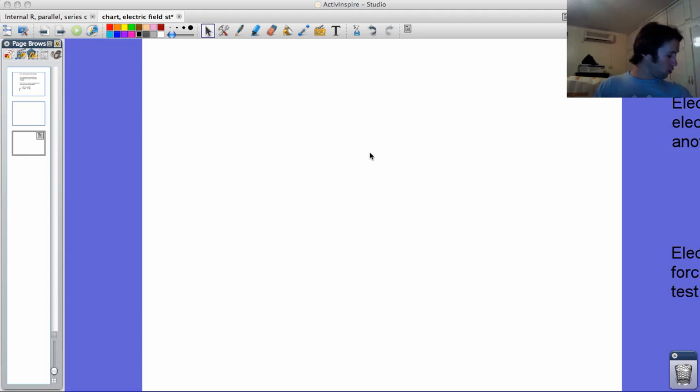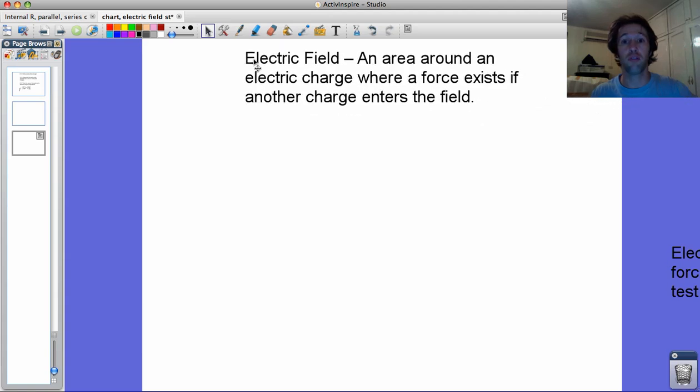So for electrical field strength, let's just define or talk about what an electrical field is. If you've got a charge sitting there, there's a magical, almost electrical field that exists around it. And if you bring another point charge in there, it's going to feel a force because of that other charge sitting there.